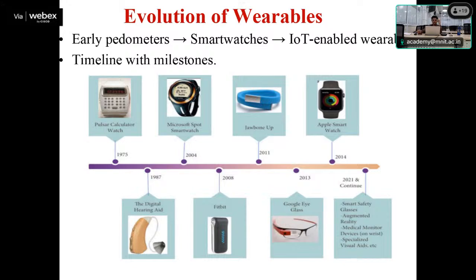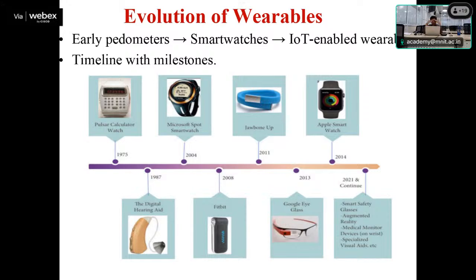Then in 1987, we had hearing aids, which help amplify voice, basically for old age people. At a certain age, you are not able to hear sound clearly, or when somebody is speaking in front of you, you are not able to correctly identify the speech signal.